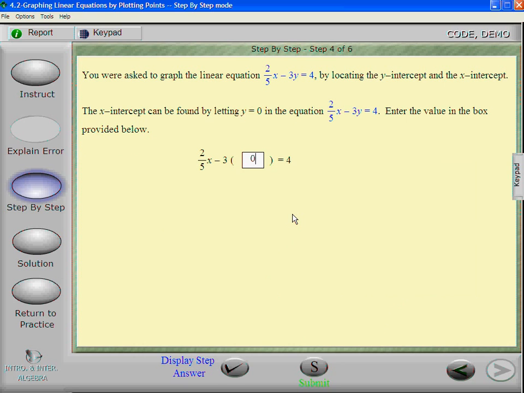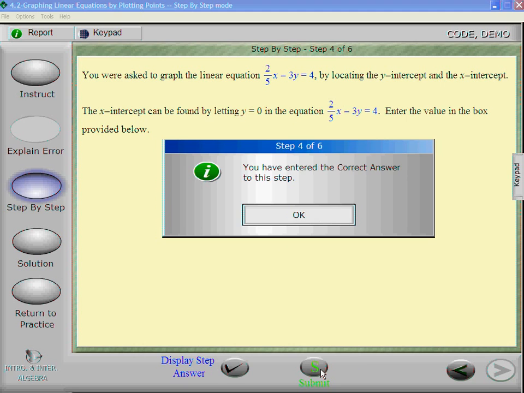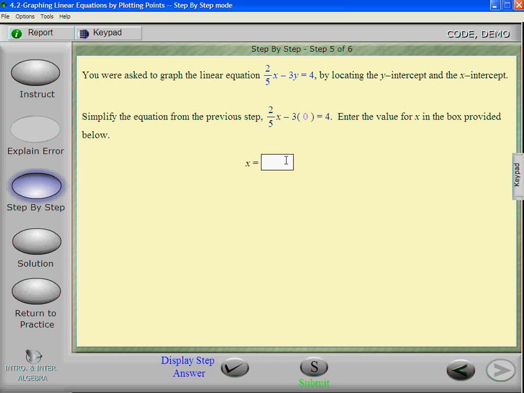You plug in 0 for y, you're going to go after your x-intercept. So when I do that, I end up with 2/5 x equals 4. If I divide by 2/5, I'm multiplying by the reciprocal, which is 5/2 on both sides. And if I multiply 4 by 5/2, I'm going to get 20/2, which is 10.